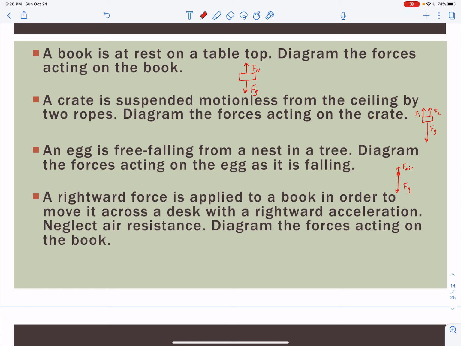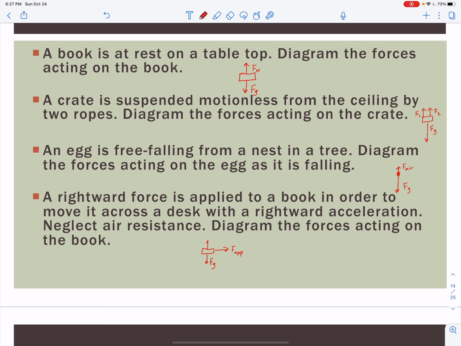And finally, a rightward force is applied to a book. So we got a rightward force, we'll call it an applied force. Move it across the desk with a rightward acceleration. Neglect air resistance. Diagram the forces acting on the book. Well, a book also has mass, so therefore it has a weight, which we call the force of gravity.